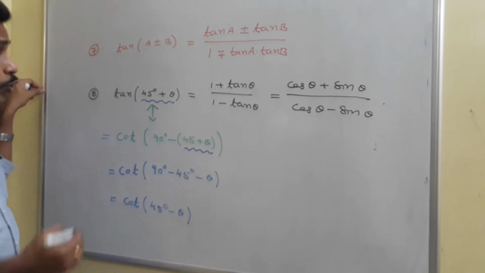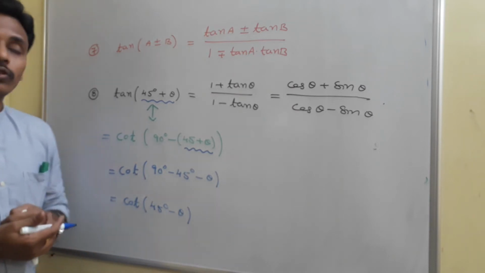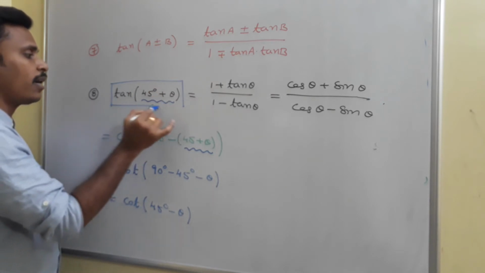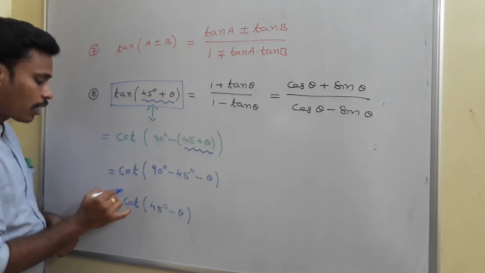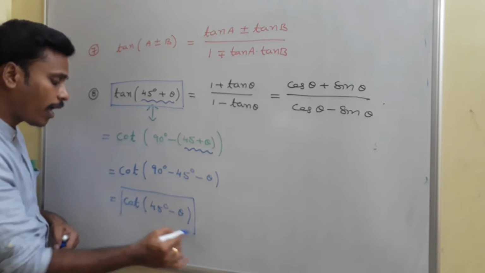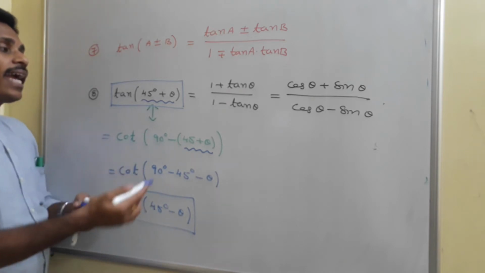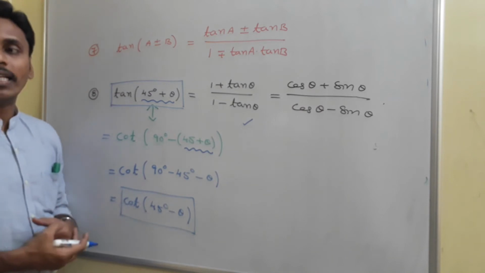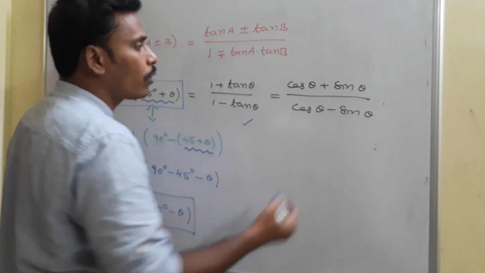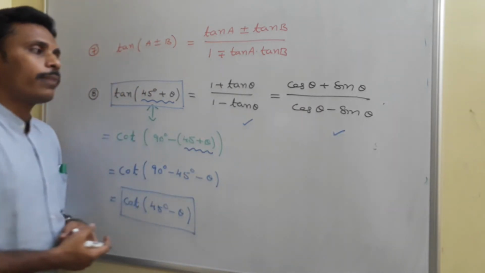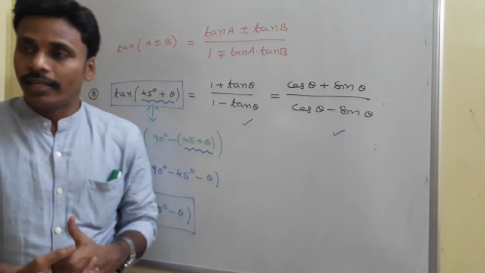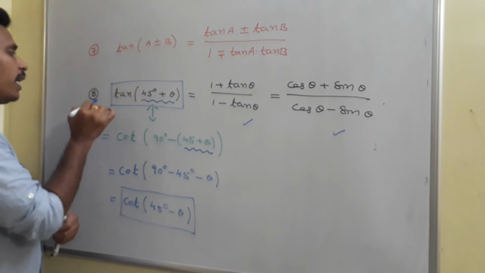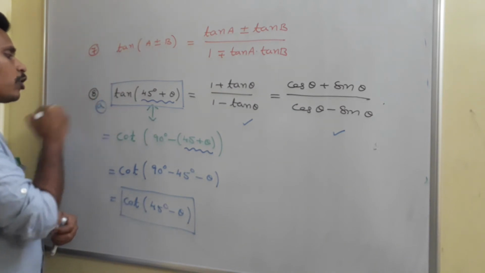So at the end you need to observe that tan of 45 plus theta is equivalent with cot of 45 minus theta, and again it is equal to (1 plus tan theta) by (1 minus tan theta), and it is equal to (cos theta plus sin theta) by (cos theta minus sin theta). These four are equivalent, and that is 8th A actually, right?